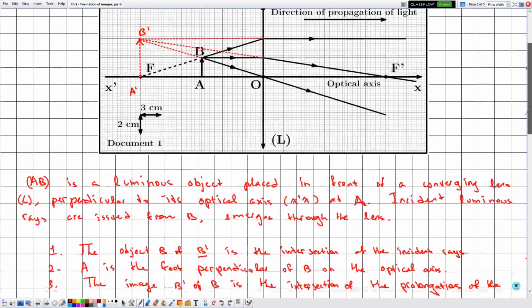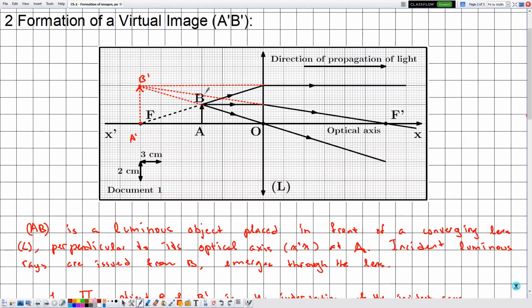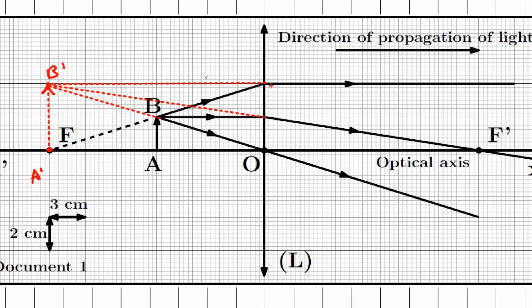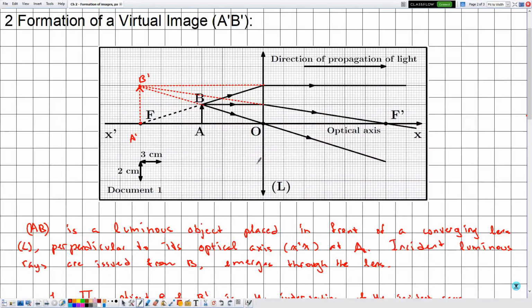Okay, so all of these emergent rays emerge as if coming from the point B prime, and this happens not only for these emergent rays that are coming from these particular incident rays, in fact for any incident ray issued from B.